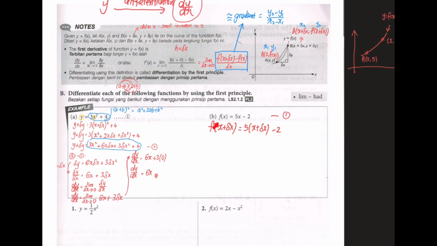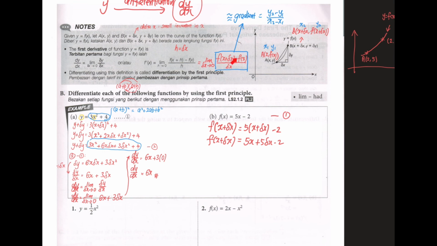The fx becomes fx plus delta x. Now expand: 5x plus 5 delta x minus 2. Fx plus delta x. Okay, so what we need to do now is we want to get this form.